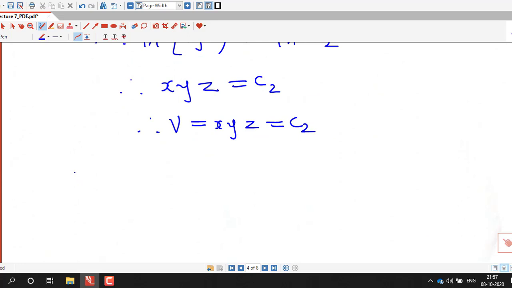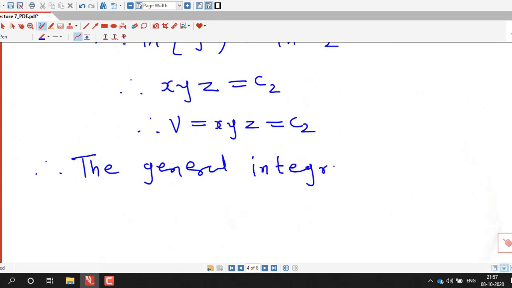And as we know, the general integral or general solution is phi of u, v equal to 0.